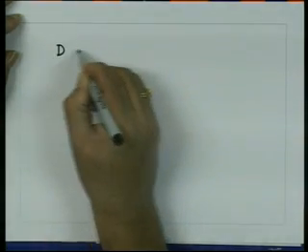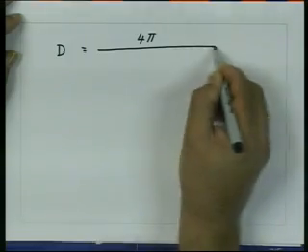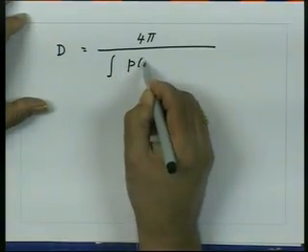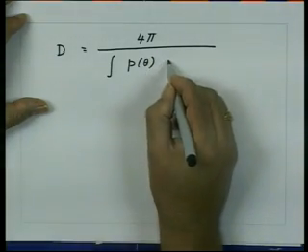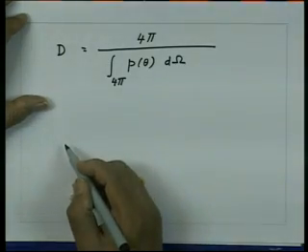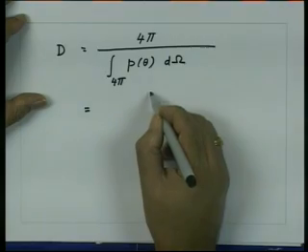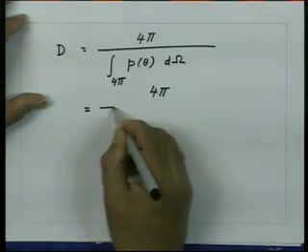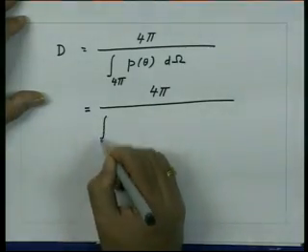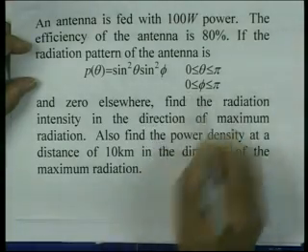So, the directivity of an antenna is equal to 4 pi upon the power pattern p theta integrated over 4 pi solid angle. This we can write down explicitly in terms of the spherical coordinates. So, this is 4 pi divided by the integral where phi varies over the range in which the radiation pattern is non-zero, which is 0 to pi.